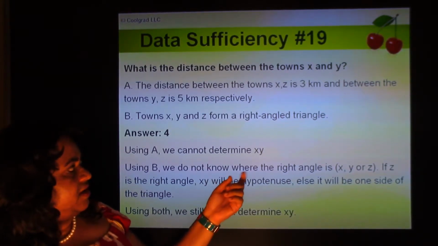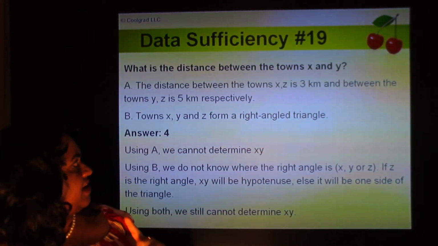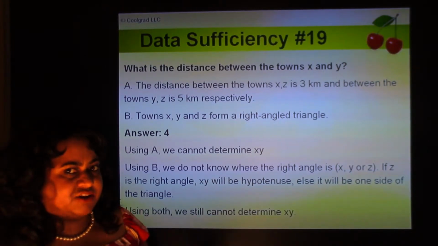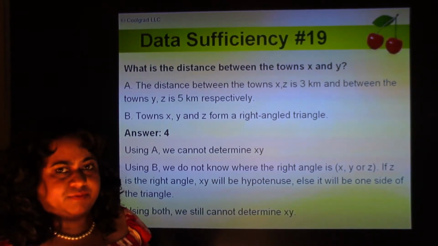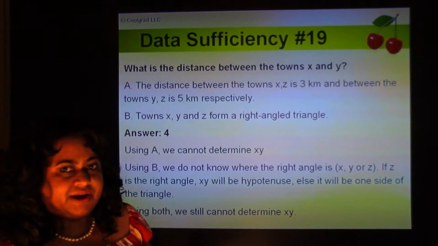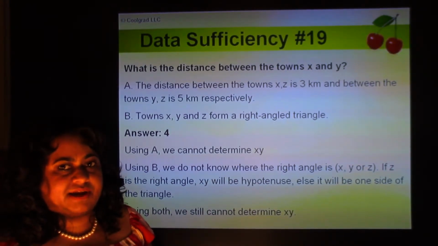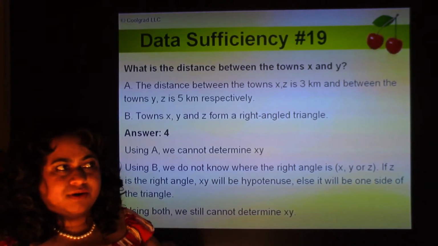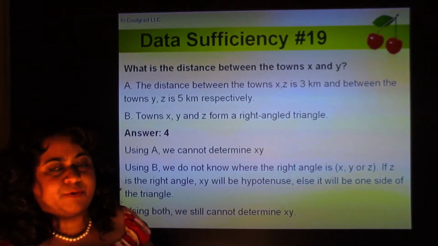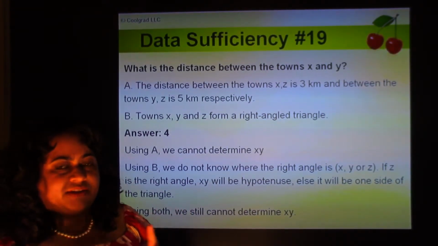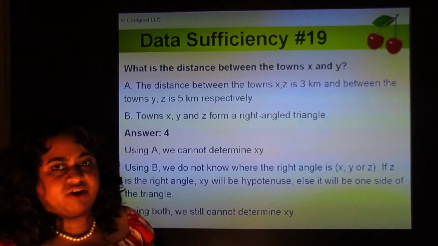It might be tempting to think, one side is 3 and the other side is 5 and it's a right angle triangle. So we all know Pythagoras theorem. 3 squared plus 4 squared is 5 squared, right? So you might be tempted to think that one of the sides must be 4. So one side is 3, the other side is 4 and the hypotenuse must be 5. So the distance between X and Y must be 4. But that's not true.